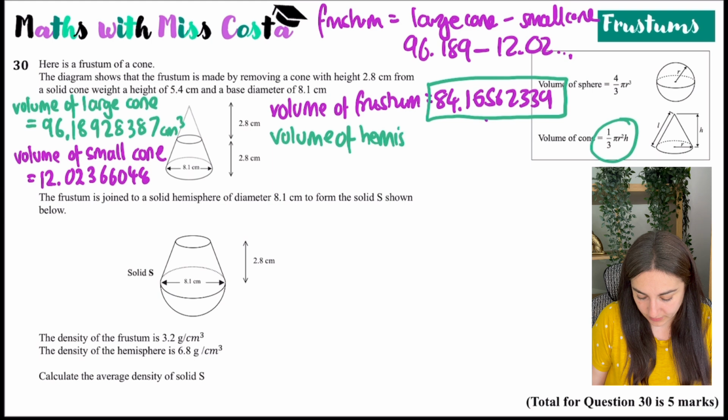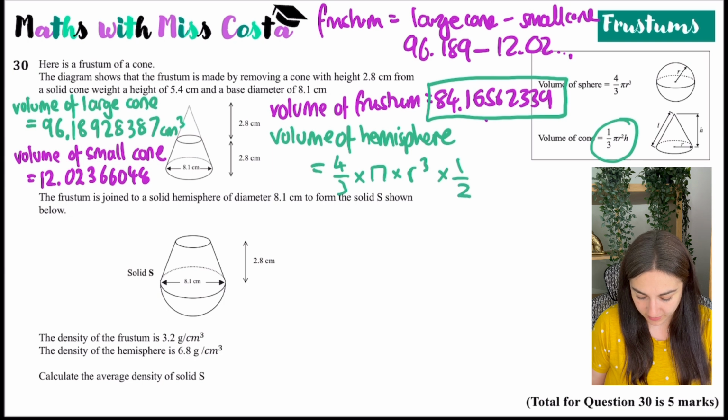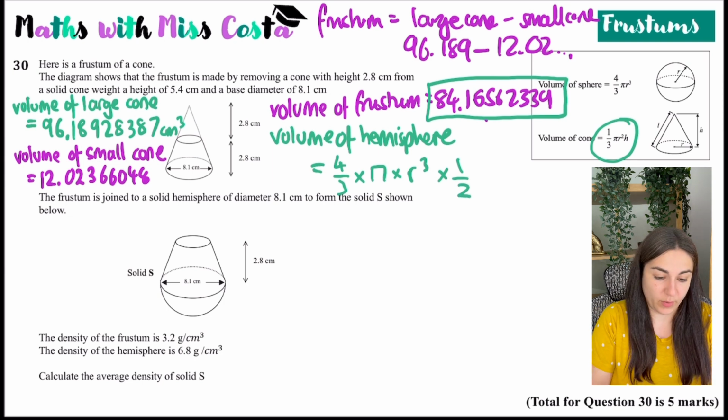So the volume of a sphere is 4/3 times pi times r cubed, but I want to half it, so I either divide it by 2 or I times it by a half. So what's the radius? Once again, that's 8.1 divided by 2 is 4.05.